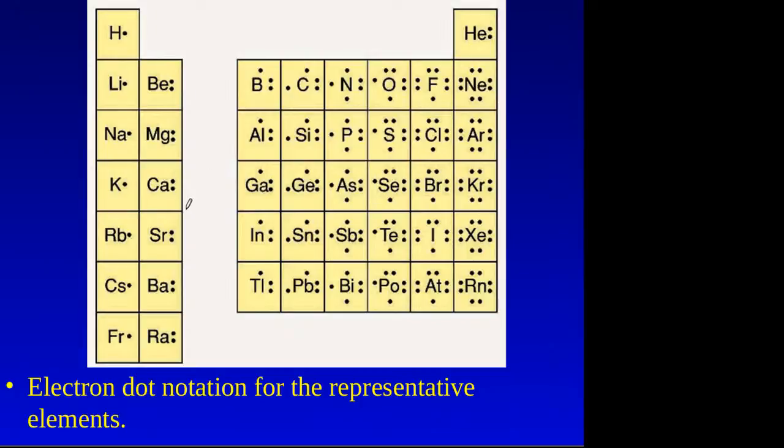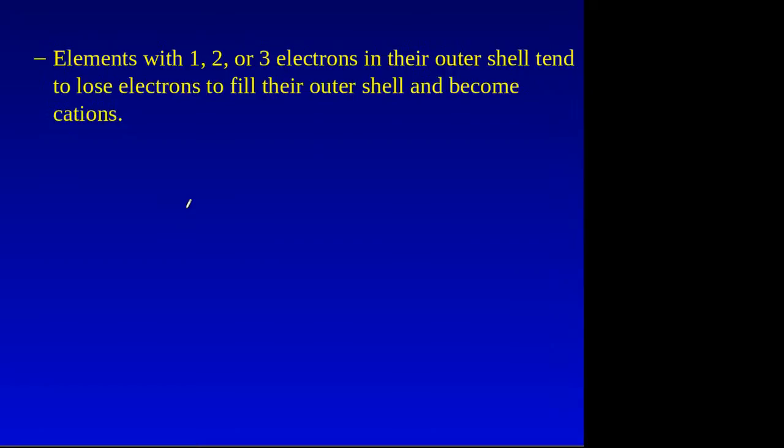Right? If it's the act of moving something, it's easier for me to move one thing away than to move 7 things towards me. And that's what this is saying. Elements with 1 or 2 or 3 electrons in their outer shell tend to lose them rather than filling them.